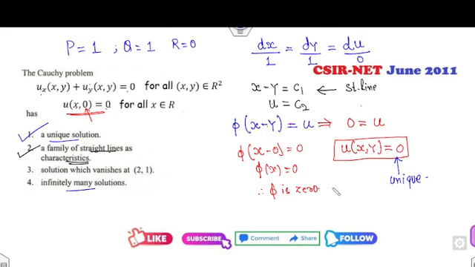Solution vanishes at, so what is the value of u at 2 comma 1? Again 0. So yes, it's also fine. Infinitely many solutions: remember, your solution is u. Fine. x comma y is not my solution. u is my solution, and u is the unique solution. So the fourth option is cancelled. A, B and C are my right answers to this problem.